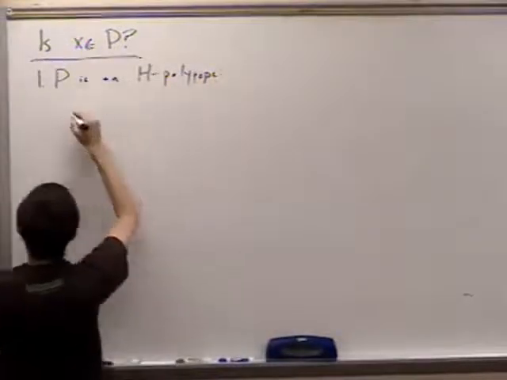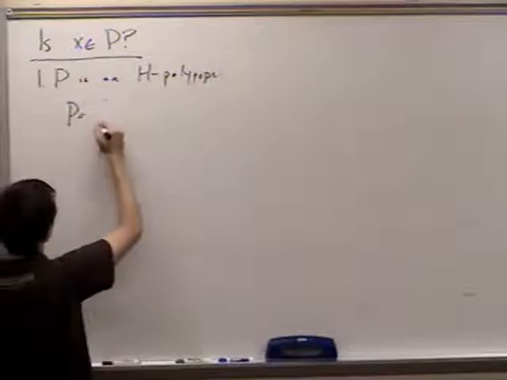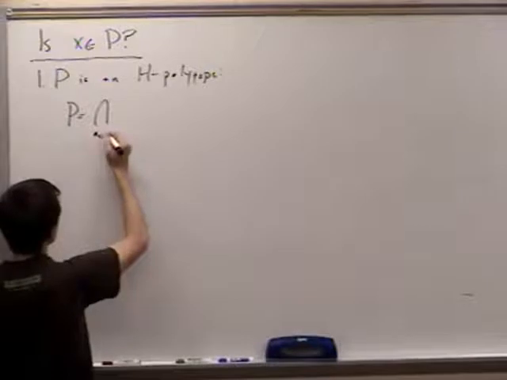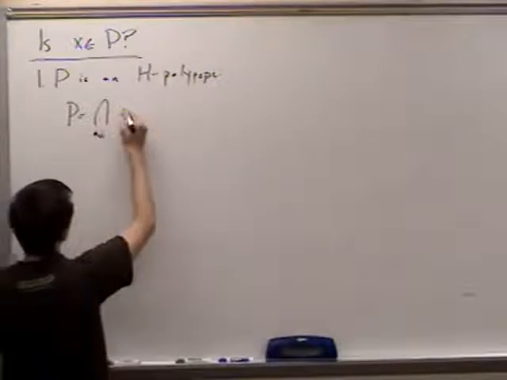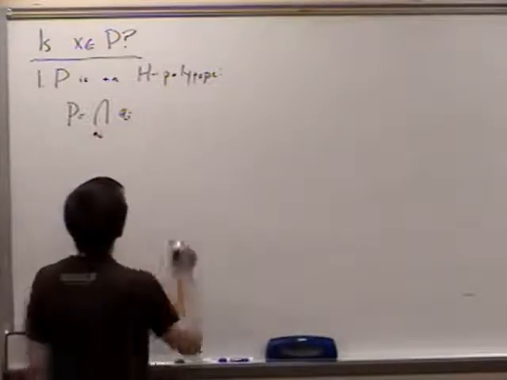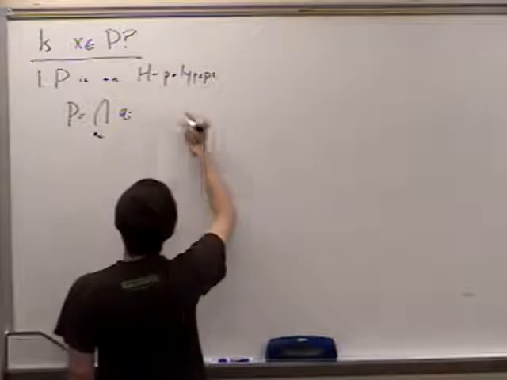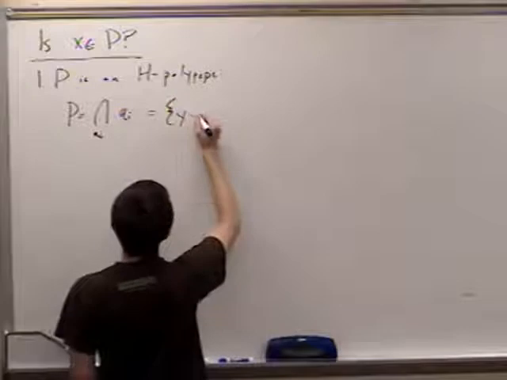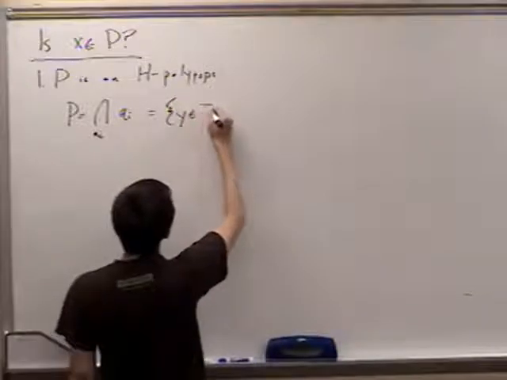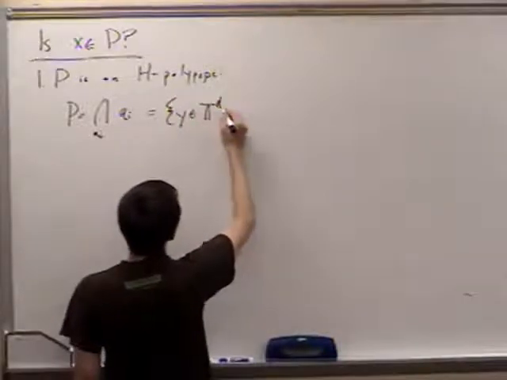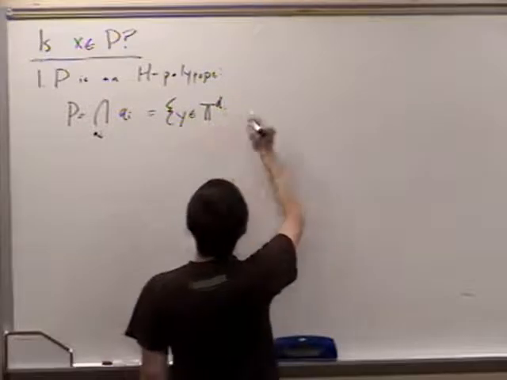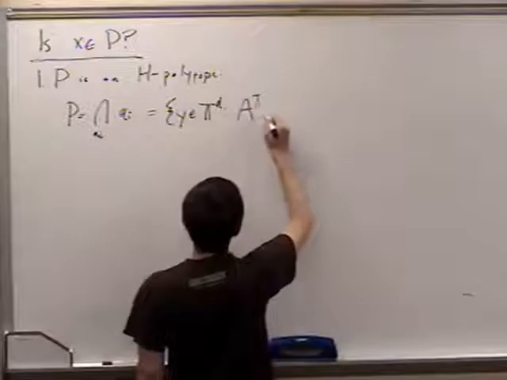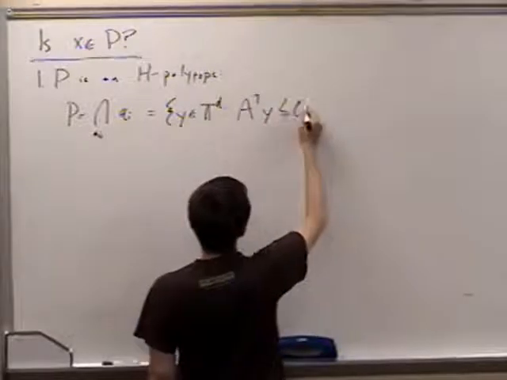That is, P is going to be equal to this intersection of, let's call them A's for now, A_i. Which, if we write it in set theoretic notation, is the set of all points y in projective space where some big matrix A transpose times y is less than or equal to 0.